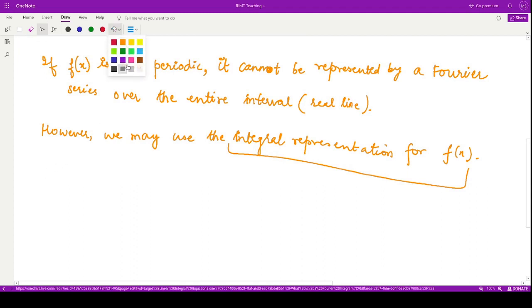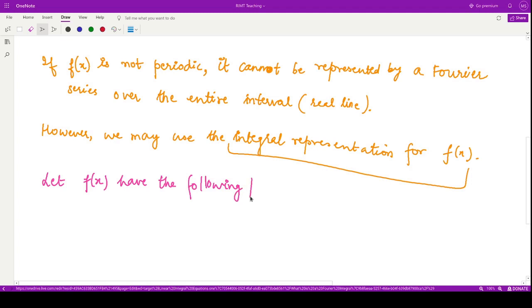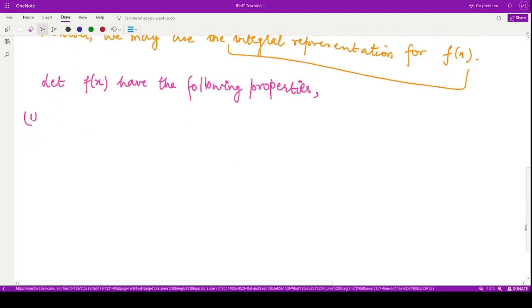The function f of x should have the following properties, and only then could I define the integral representation for this particular function.